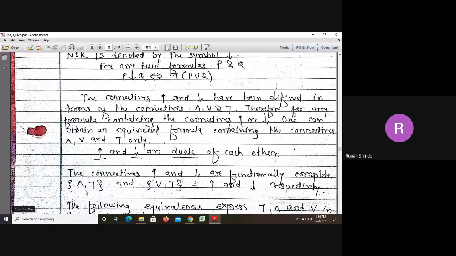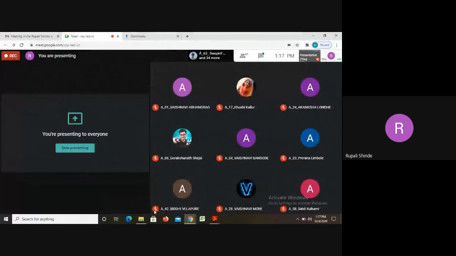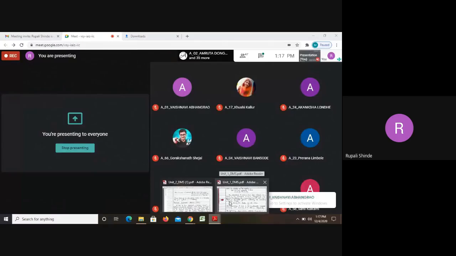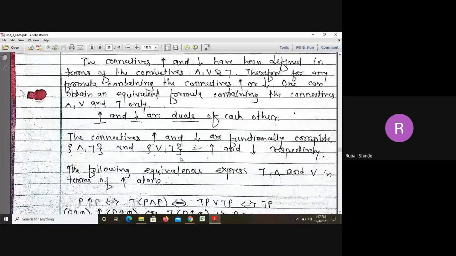The first set, AND and negation, is equivalent to NAND, and the set OR and negation is equivalent to NOR. That's why NAND and NOR are also called functionally complete sets of connectives. We already saw that concept last lecture, and just now we saw that NAND and NOR are also functionally complete.